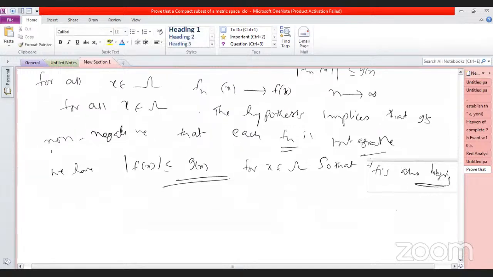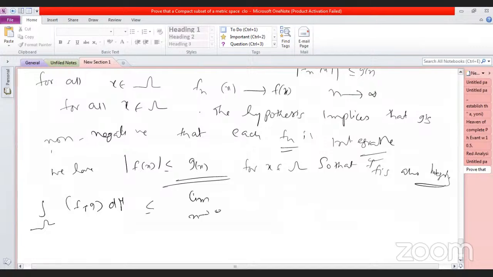We are taking the integral over omega of f plus g d mu. Taking the limit infimum, the integral of f plus g d mu is less than or equal to the limit infimum of the integral over omega of f_n plus g d mu.